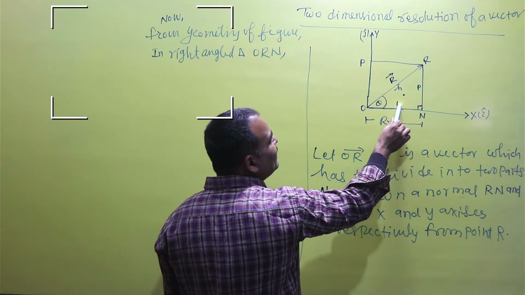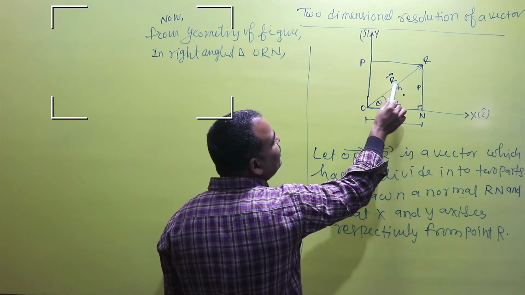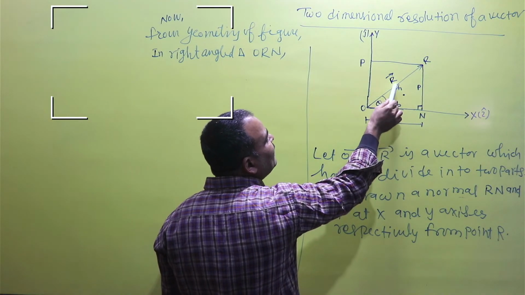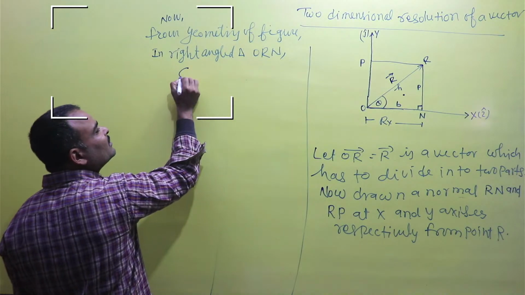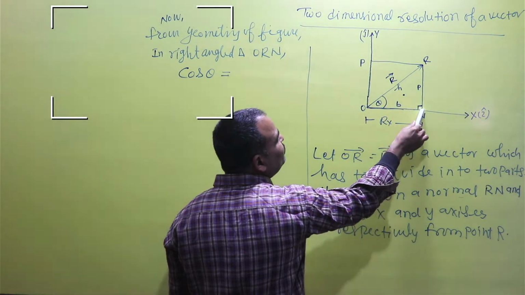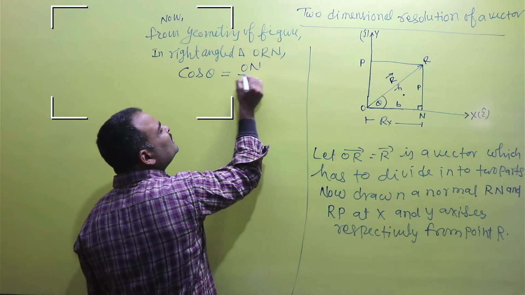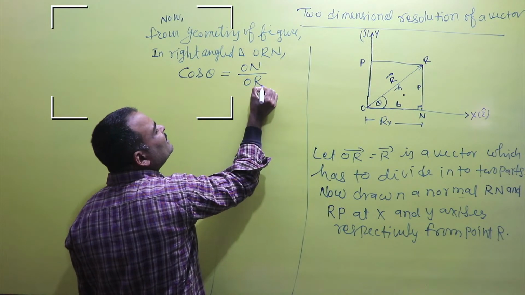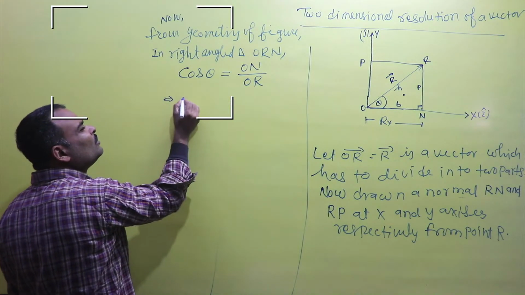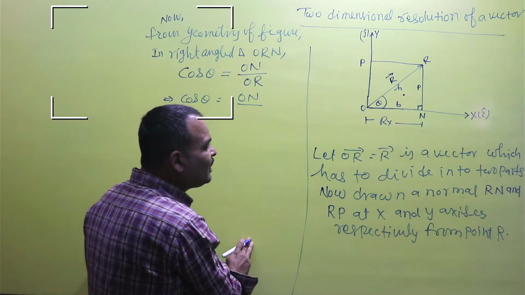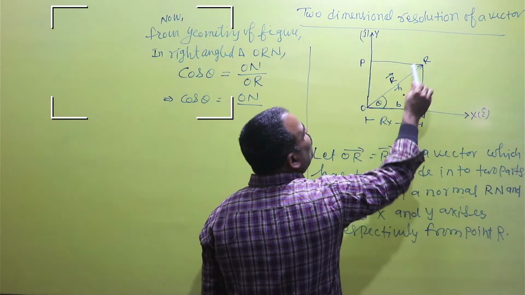This is B, and we have the value of H. So we can make cos theta by the combination of B and H. In the figure, cos theta is equal to B by H, and B is equal to ON, and H is equal to OR. What is OR?